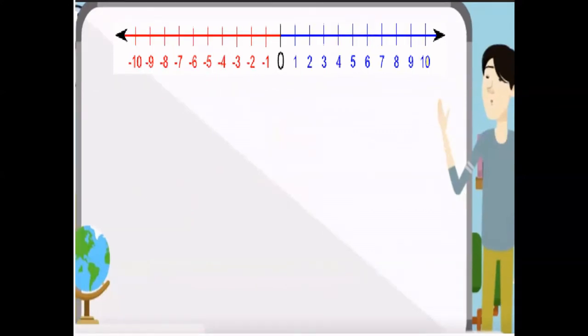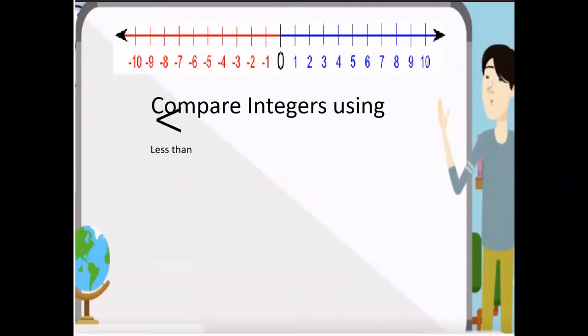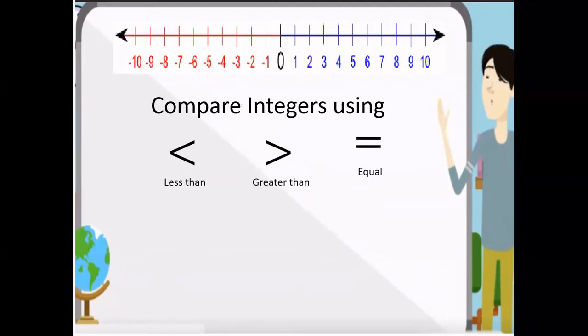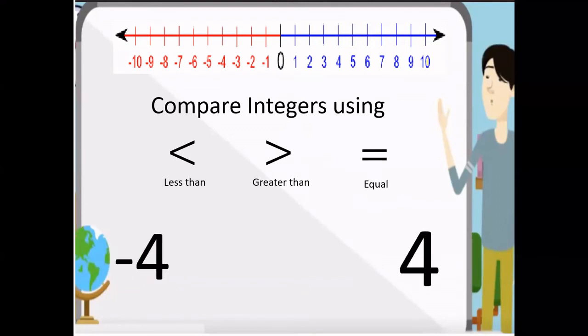Okay, so we're gonna try to compare integers using less than, greater than, or equal. -4 and +4. By the way, as I remember, my teacher in primary school used to say that I should think of these signs as a crocodile.